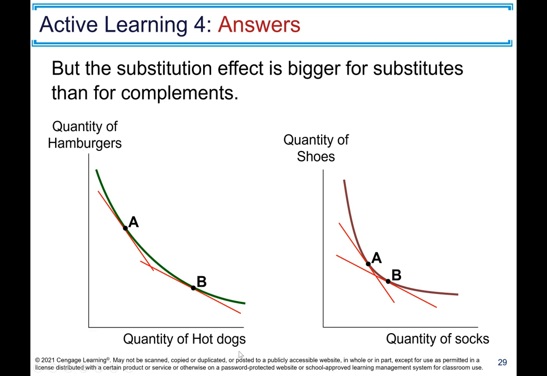Hamburgers and hot dogs are substitutes. The substitution effect, a movement from A to B, is larger than for complements from A to B in the case of shoes and socks. The substitution effect is bigger for substitutes than for complements.